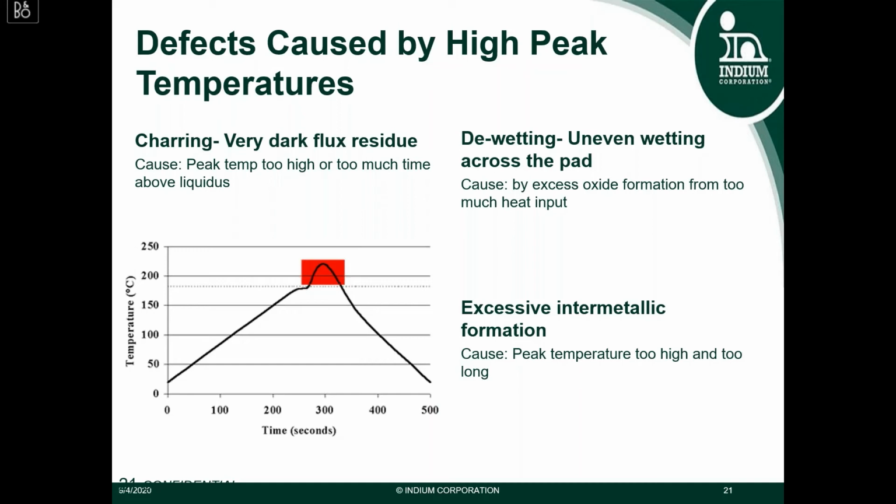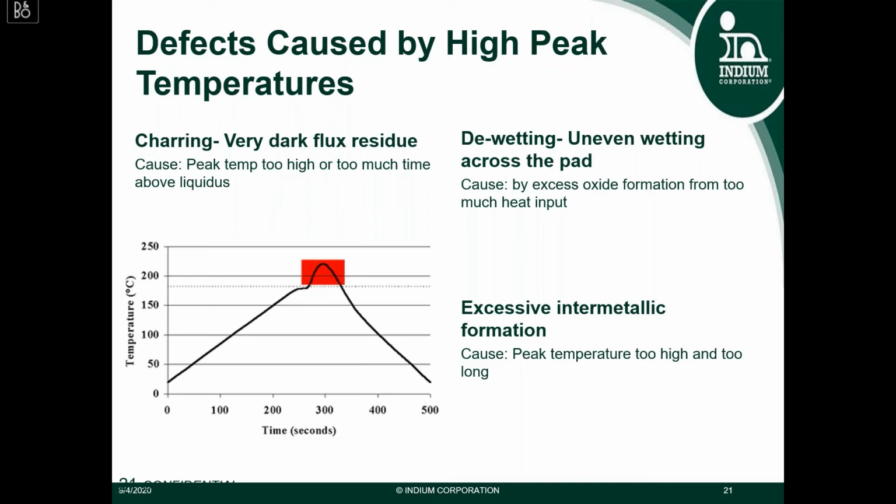De-wetting, which is different than non-wetting, is when there's uneven wetting across the pad because there's too much heat input. The solder starts to retract away from the solder fillet or the full wetting. The reason for this is there is excessive oxide formation caused from too much heat input.